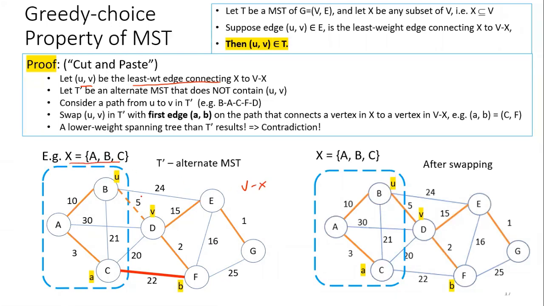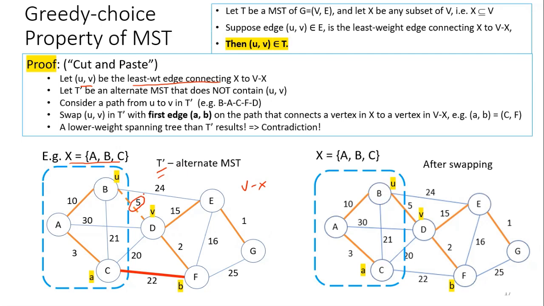And this was the original least weight edge. Now let T prime be an alternate MST that does not contain UV, that does not contain 5. Exactly what your suggestion was.